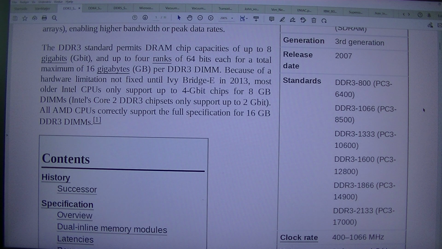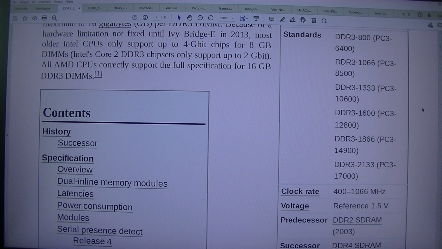Standards DDR3-800, PC3-6400, DDR3-1066, PC3-8500, DDR3-1333, PC3-10600, DDR3-1600, PC3-12800, DDR3-1866, PC3-14900, DDR3-2133, PC3-17000.